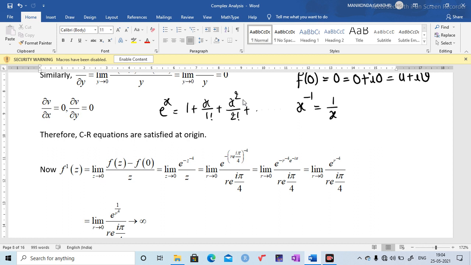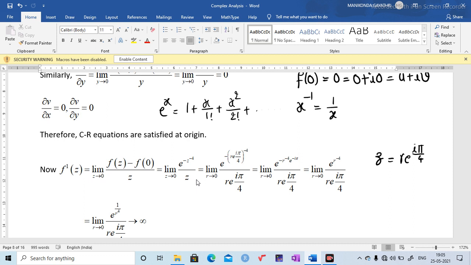Here f of z is e power minus z power minus 4. f of 0 is 0, z as it is. But observe here I am taking the path z equal to r into e power i pi divided by 4. So replace, r power minus 4 we are going to get as it is. Here 4 gets cancelled.